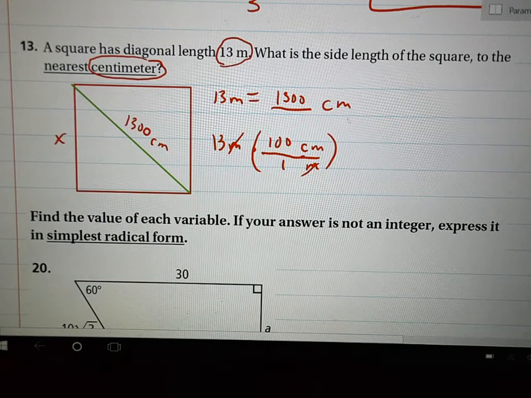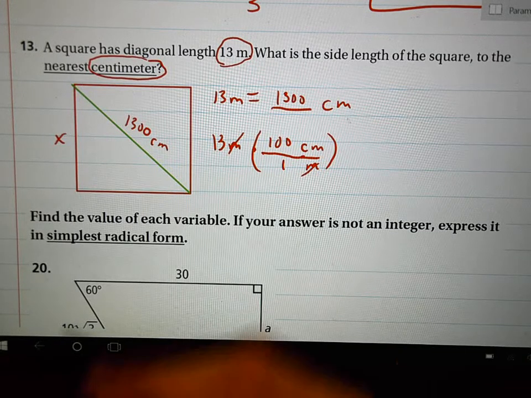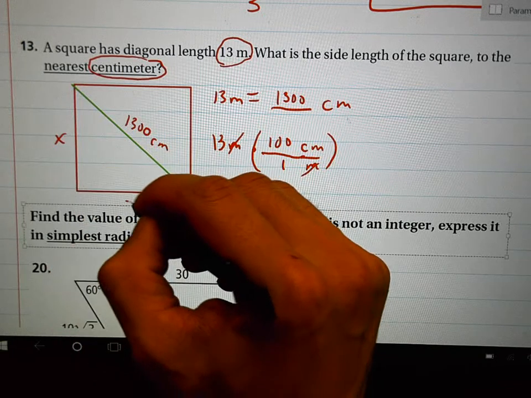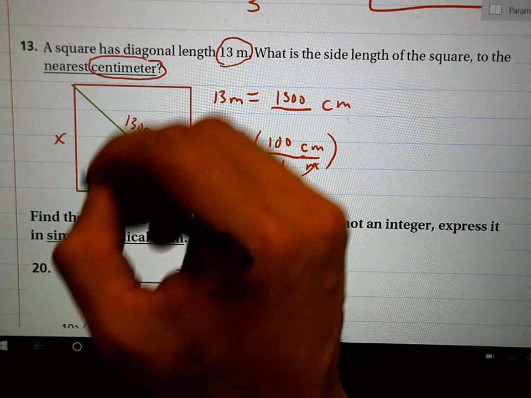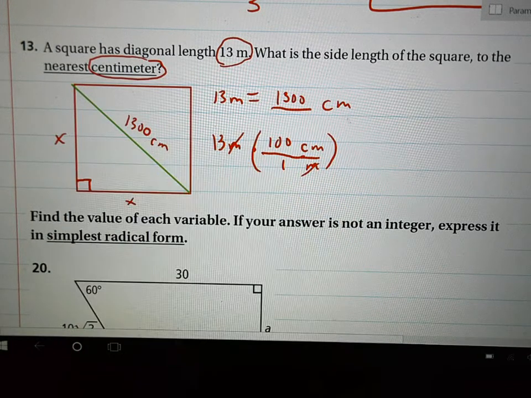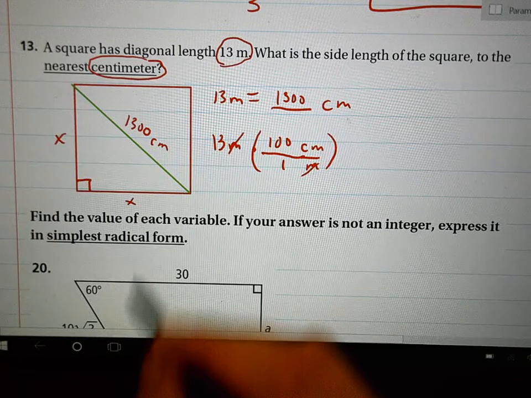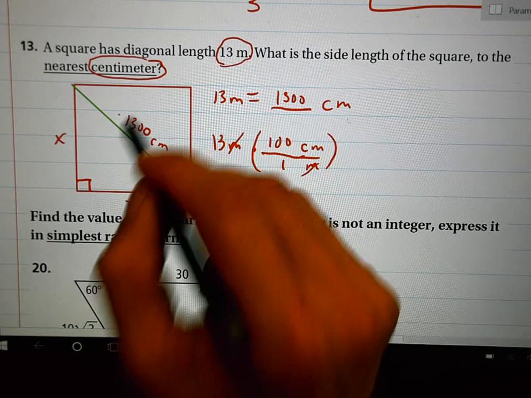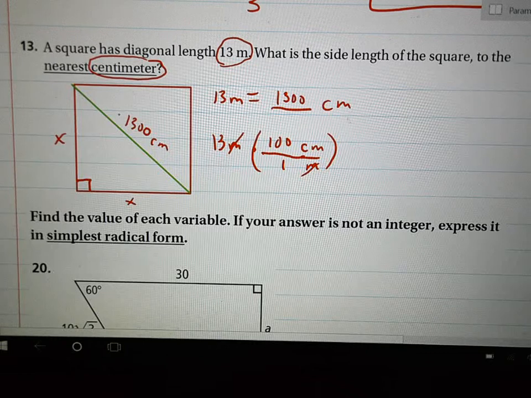Now it doesn't say this, but do you know what shortcut you should be using? Because it's a square, two sides are the same, two angles are the same. So that must mean that this is on a certain side. If I'm going to use a shortcut, let's label each side S, S, S root 2.